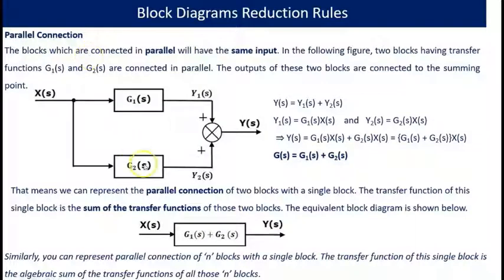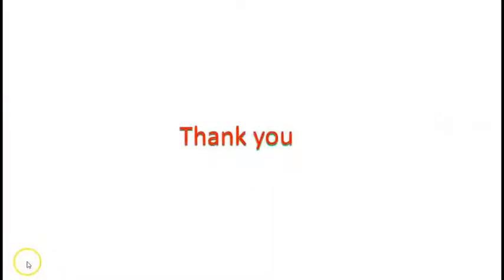When they are connected in parallel, the transfer function of the single block is the sum of the individual transfer functions. Similarly, if there are n blocks, then the transfer function of this single block is the algebraic sum of the transfer functions of all these n blocks.